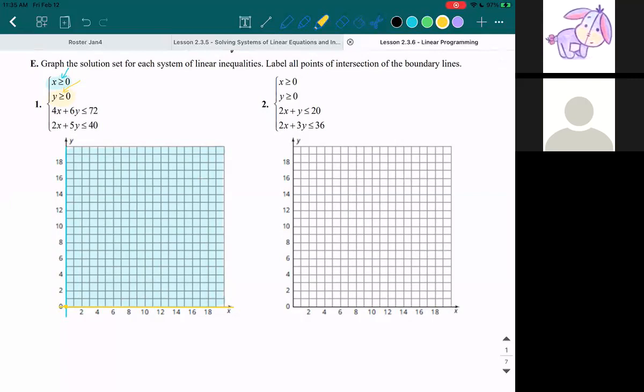So I'm going to shade above, which I know is everything that's already shaded in blue, but I'm going to still shade everything above in yellow just because it tells me to, so I must. It says y is greater than, and remember, as long as your y is by itself, and if it's on the left side of your inequality, you can just listen to what the symbol says. So this is y is greater than, then we just shade above.